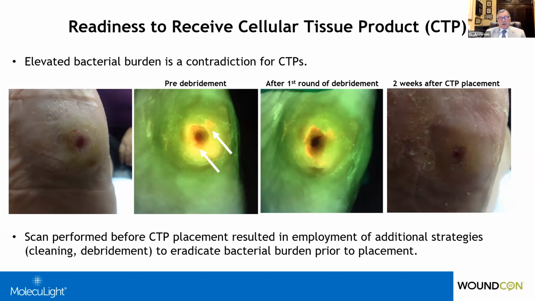For example, if we have a wound that we're considering the use of biologic tissue, if we have bacteria, we, through cleansing, debridement, and sometimes antibiotics, we would like to see that bacteria cleared prior to the use of biologic tissue. And then we can see what would occur onto healing of that wound. Next slide.